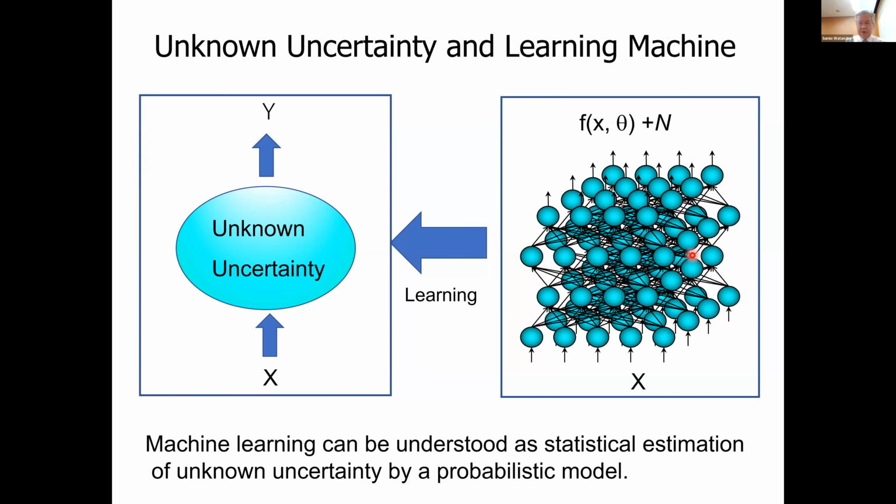This is a statistical model or deep learning. This is X, and this is f of X. This is a function of X with a parameter theta, and sometimes it has noise. So unknown uncertainty is approximated or estimated by using this statistical model or neural network.